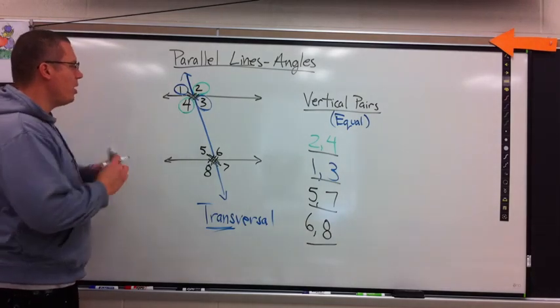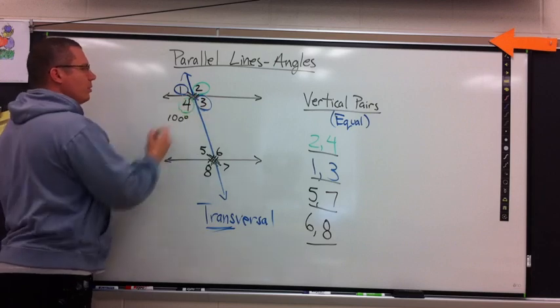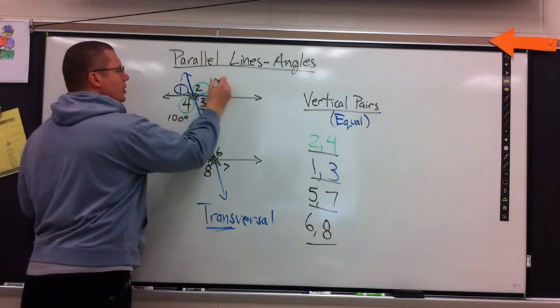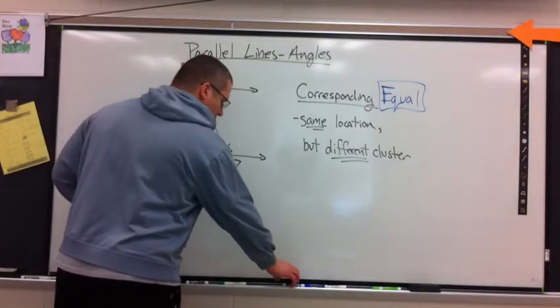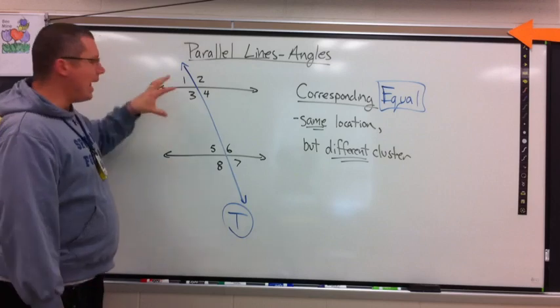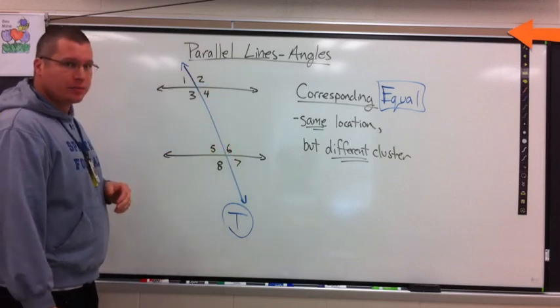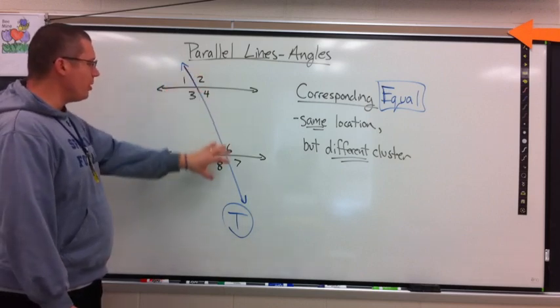So if I knew that this was 100 degrees, what would angle 2 be worth? That's right, it would also be 100 degrees. That's vertical angles. How many angles are formed? 8. 2 clusters of 4. A cluster here and a cluster here. Top cluster, bottom cluster. Same shape, different locations.